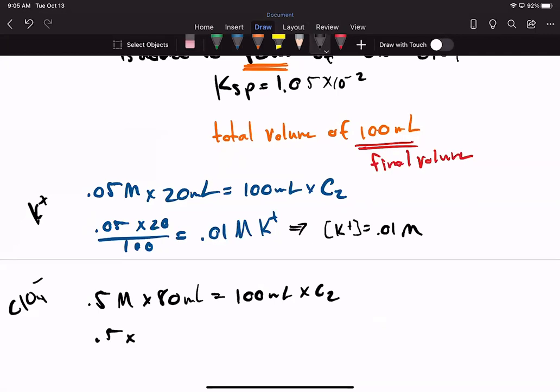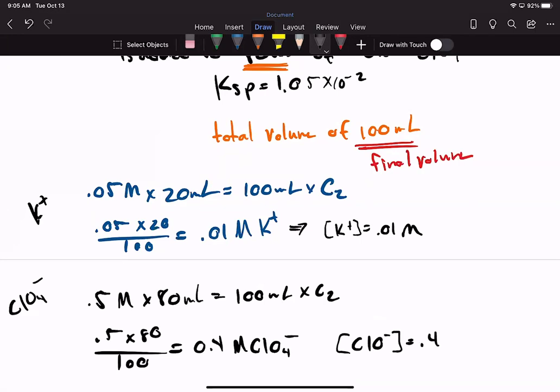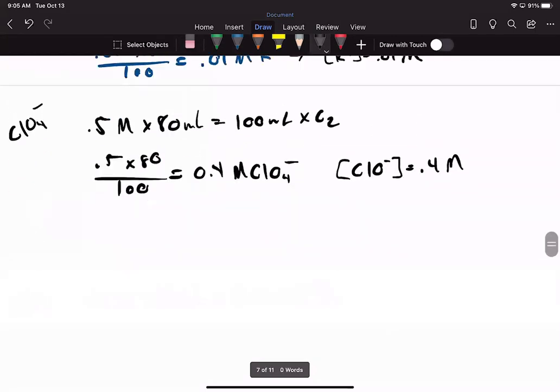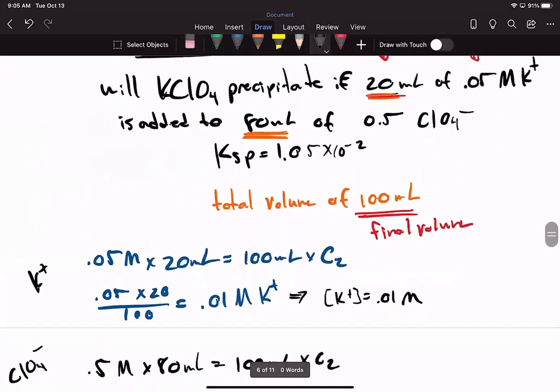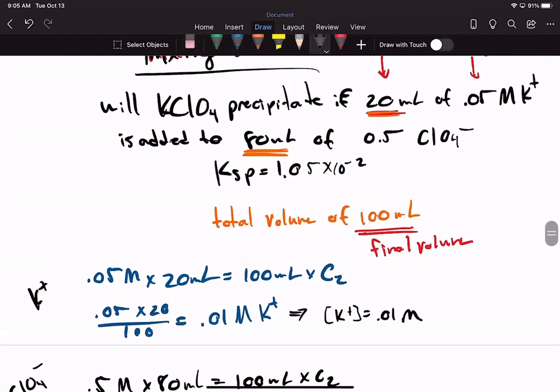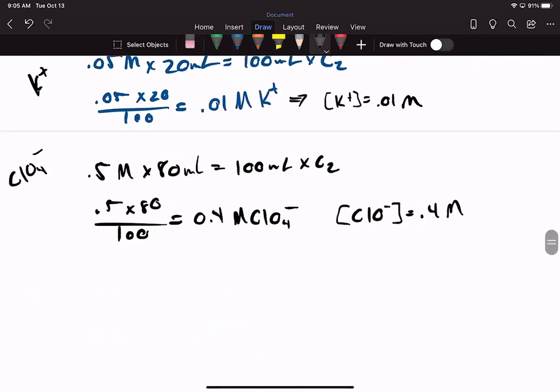So 0.5 times 80 divided by 100 equals 0.4. Now we have these concentrations, and these are not at equilibrium because I am mixing these new concentrations together.